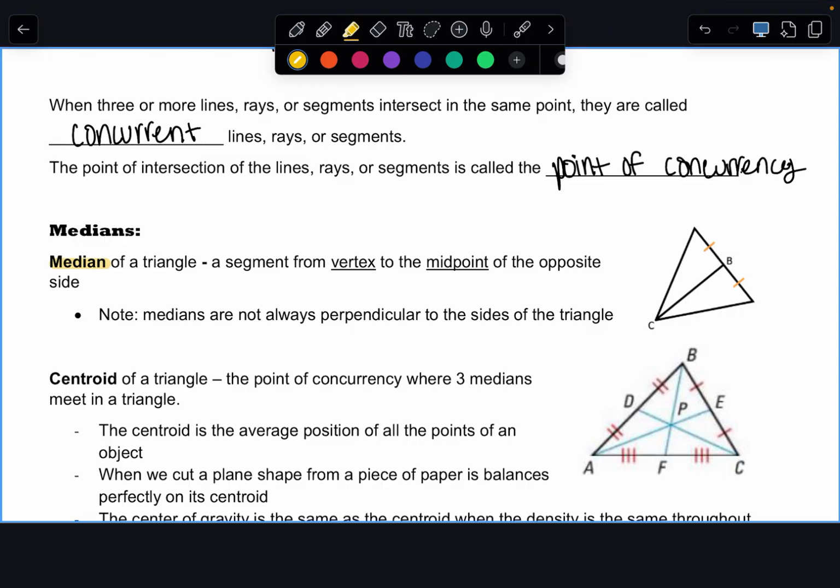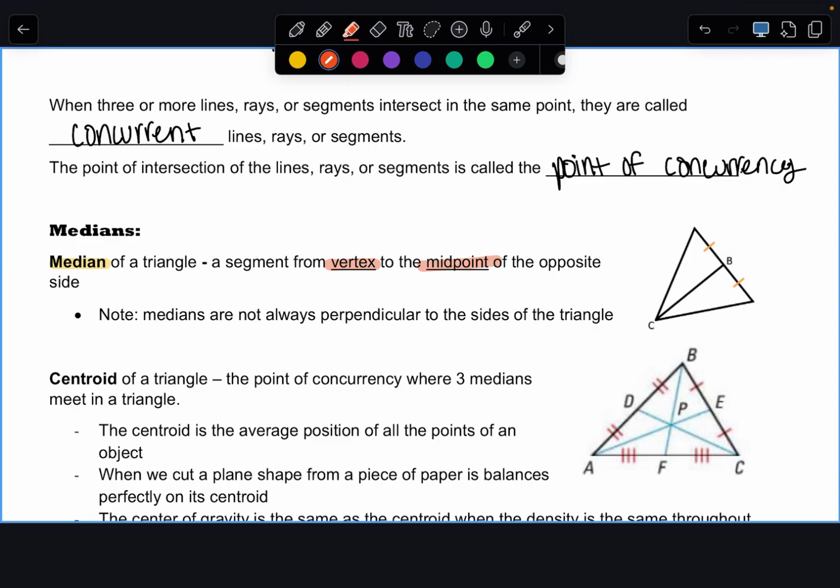The medians essentially connect the vertex, one of the vertices of your triangle, to the midpoint of the opposite side. So if I have this triangle right here, my median is going to start at this vertex, and it's going to go down and hit the midpoint of its opposite side down here. So if you draw all of those, you get something that looks like this, starting at a vertex and then hitting the midpoint, okay?